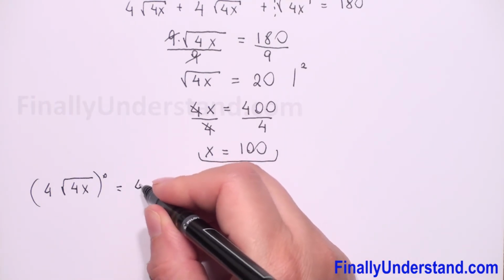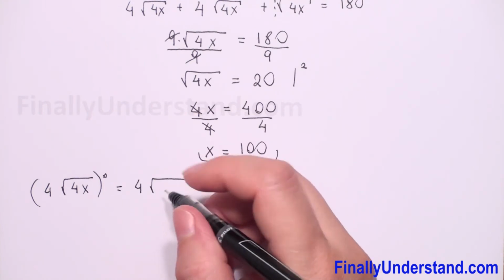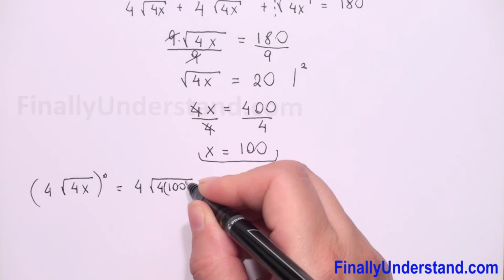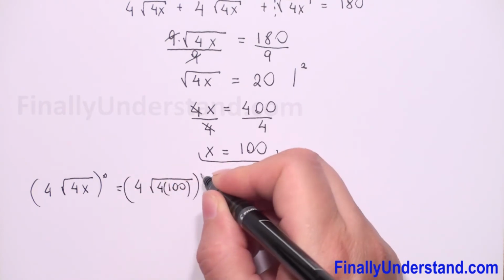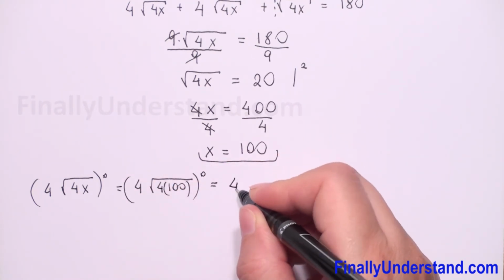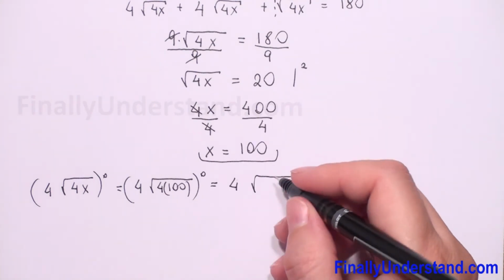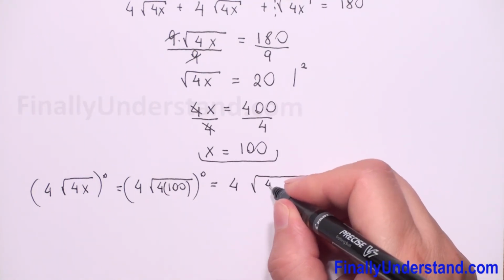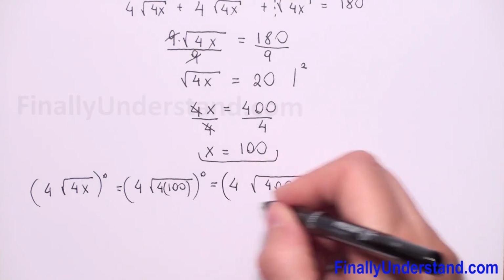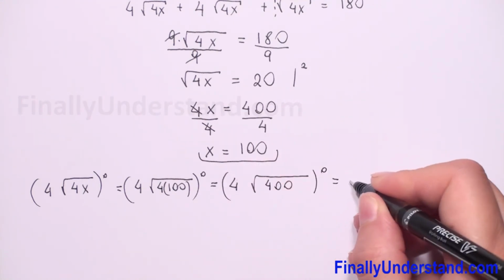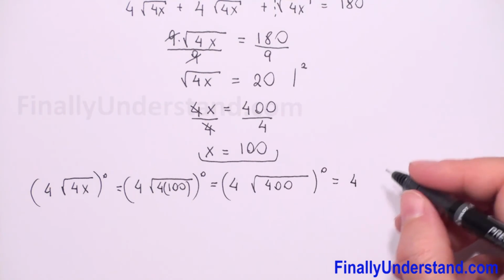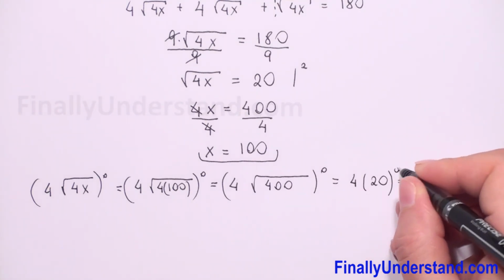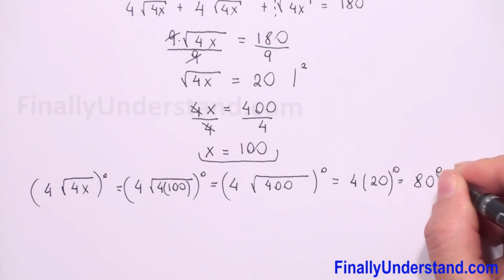So this is equal to 4 times, and under the square root we have 4 times 100 degrees. This is equal to 4 times square root of 400 degrees. So this is equal to 4 times square root of 400, which is 20. So this is equal to 80 degrees.